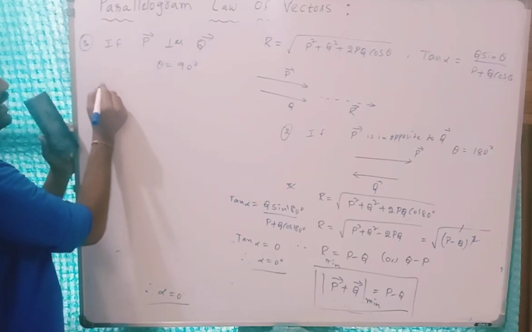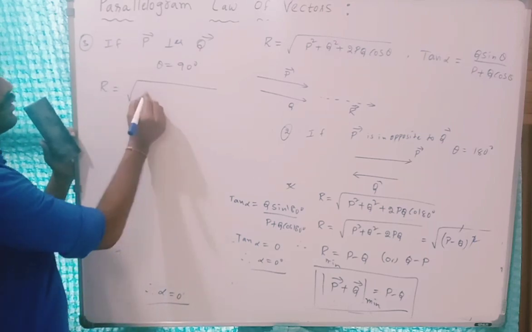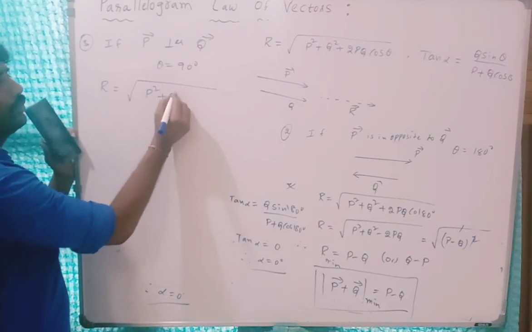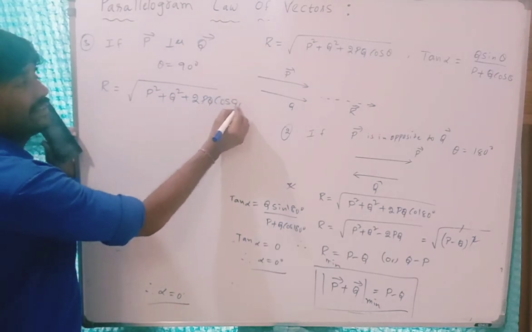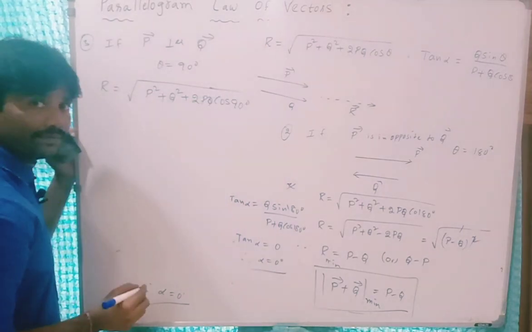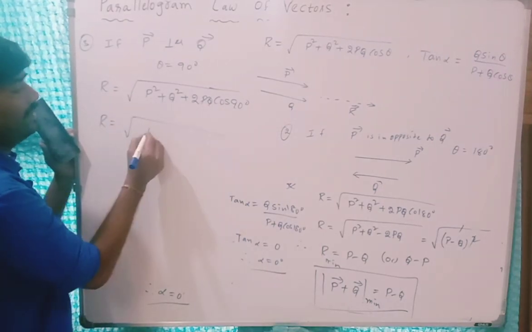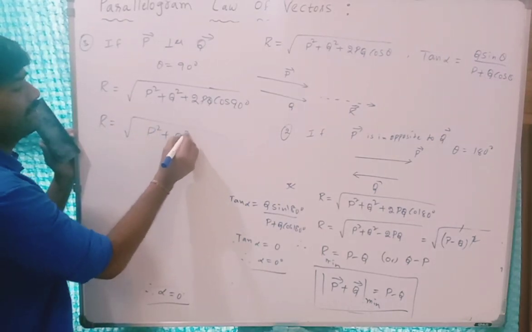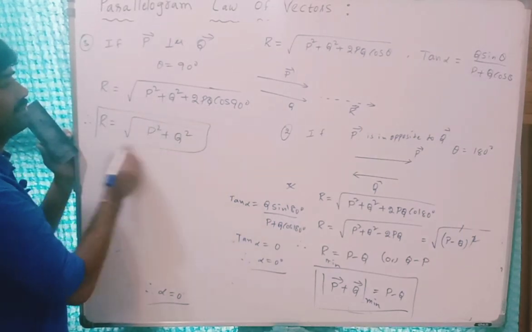If theta is 90, the resultant magnitude is root of P square plus Q square plus 2PQ cos 90 degrees. Cos 90 is 0. Clear? So if it is 0, then you have only P square plus Q square. This is for 90 degrees.